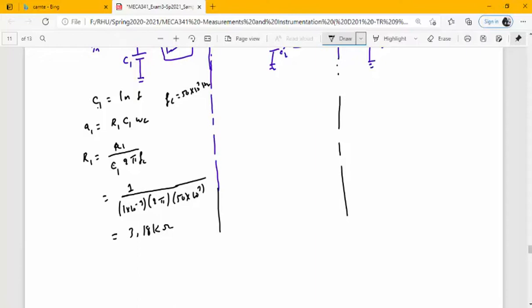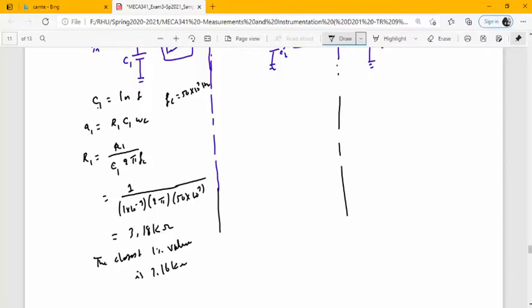Let me write it down. The closest 1% value is actually 3.16 kilo ohm in practice.